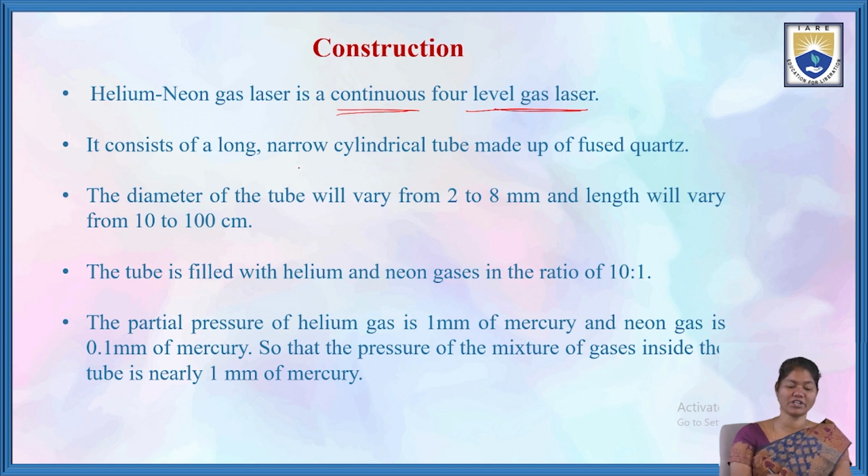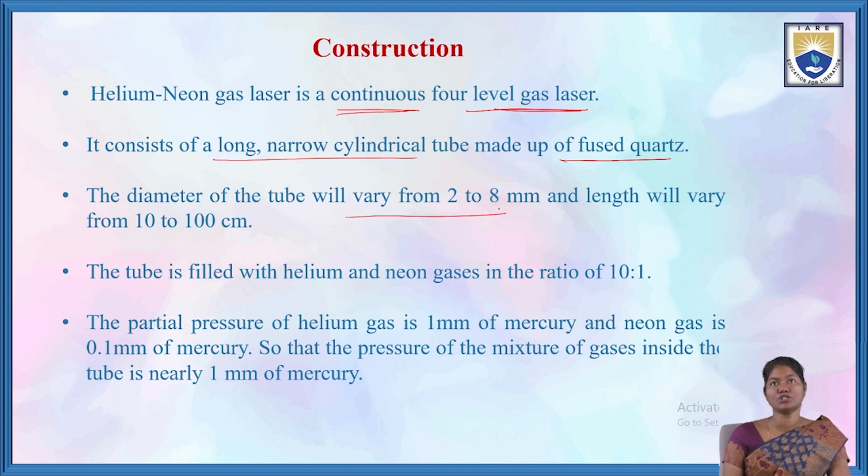It consists of a long, narrow cylindrical tube made up of fused quartz. The diameter of the tube varies from 2 to 8 millimeters, and the length varies from 10 to 100 centimeters.